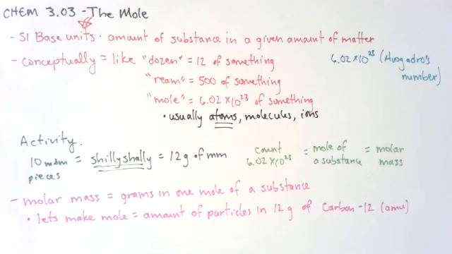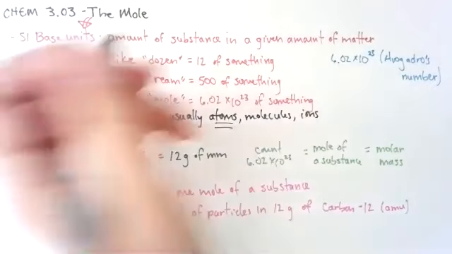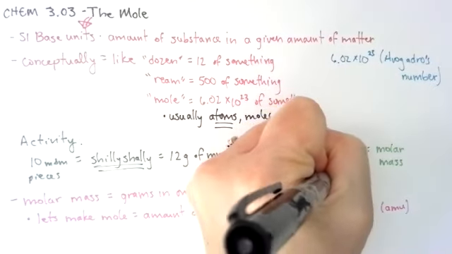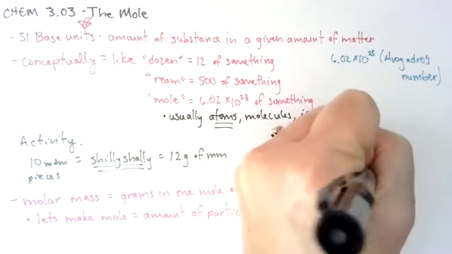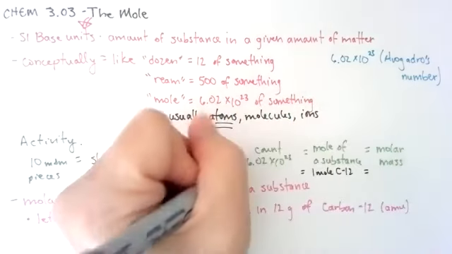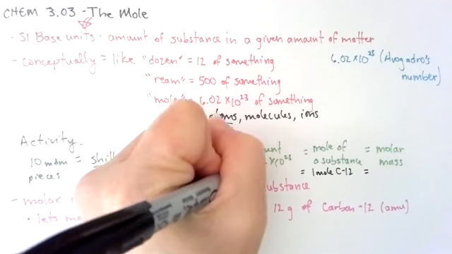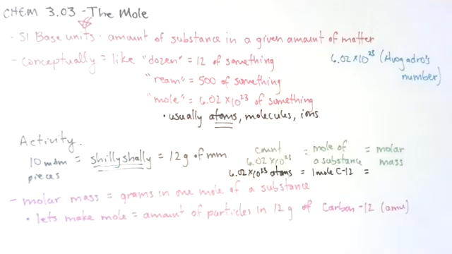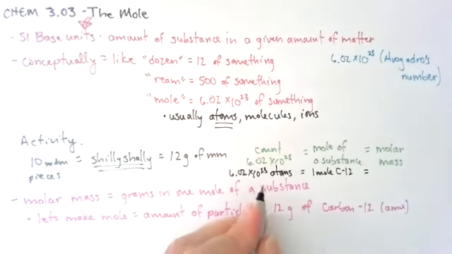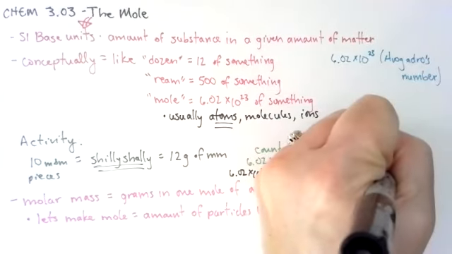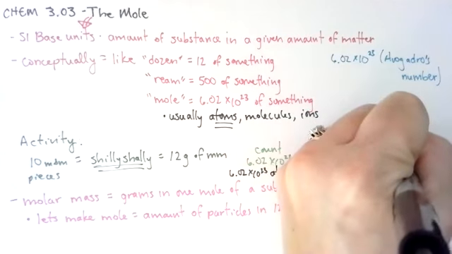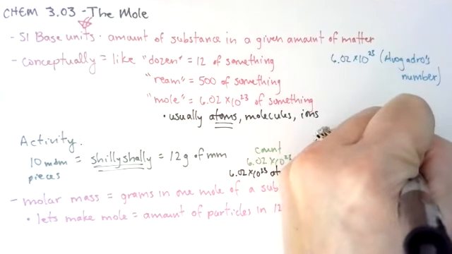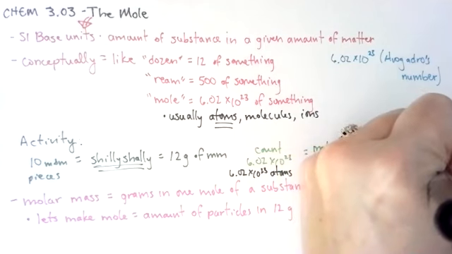Atomic mass units. So what this did was this said that 1 mole of carbon-12 is equal to 6.02 times 10 to the 23rd atoms of carbon-12, and on this side it is equal to 12 grams of carbon per 1 mole.